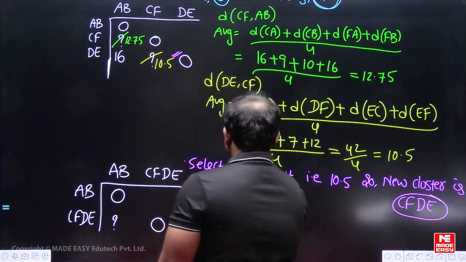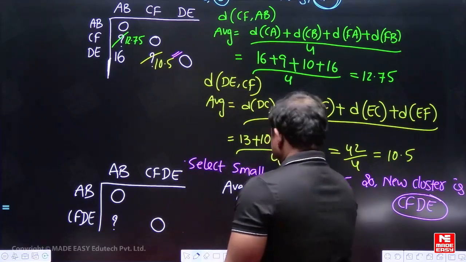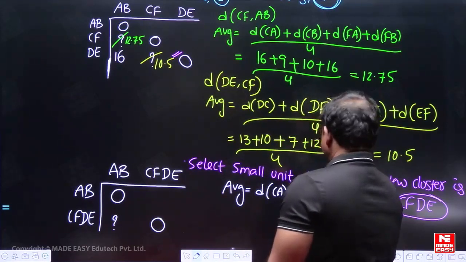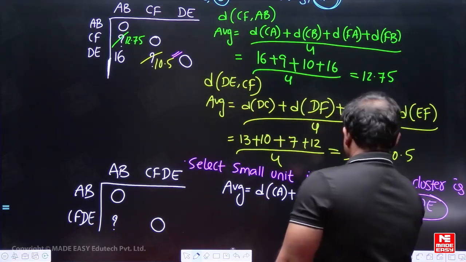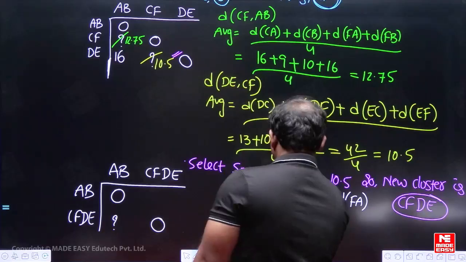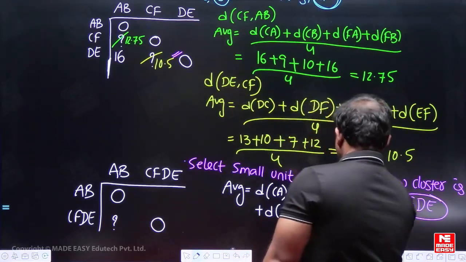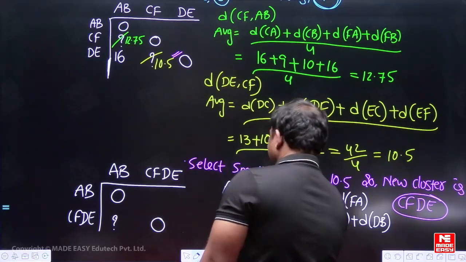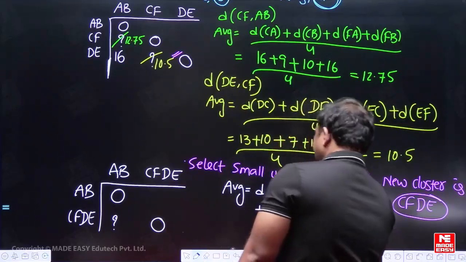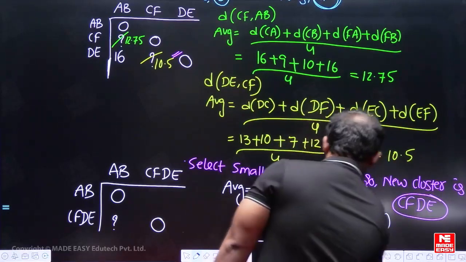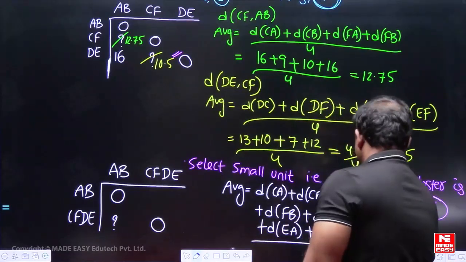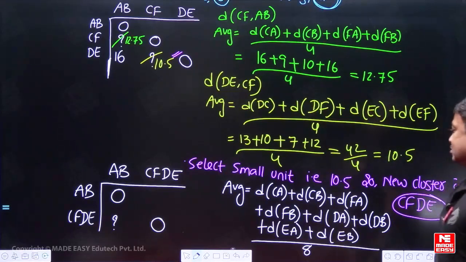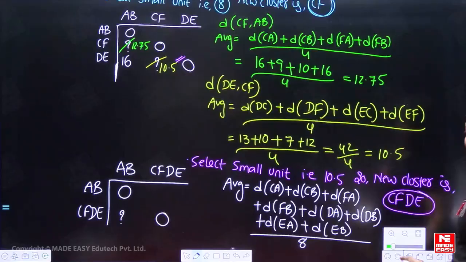Anyway, calculate the average: distance between CA plus CB plus FA plus FB plus DA plus DB plus EA plus EB, divided by the total number of pairs, 1, 2, 3, 4, 5, 6, 7, 8. Okay, 8 pairs are possible, right?